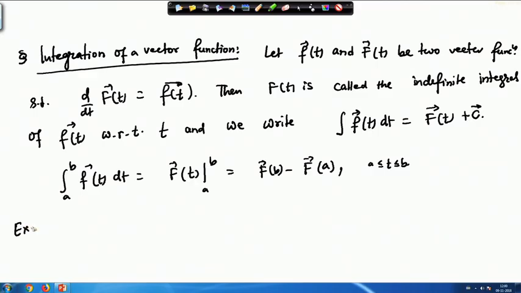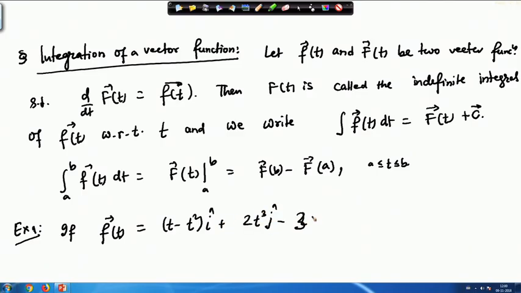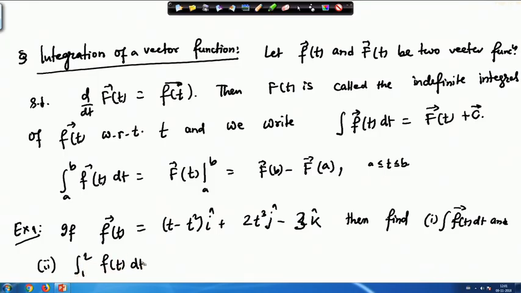So let us solve a few examples. Our first example: if f(t), the given vector function, equals (t minus t square) i plus 2t cube j minus 3k, then find first the integral of f(t) dt, and second the integral from 1 to 2 of f(t) dt.